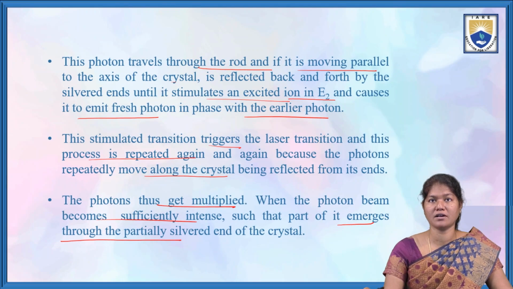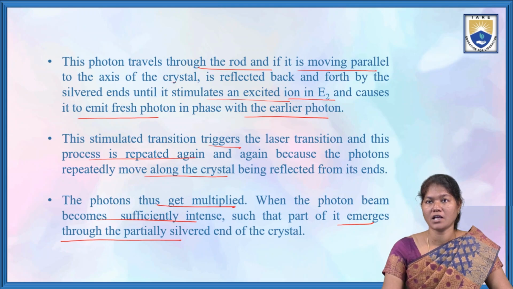When the photon travels through the rod, that photon gets reflected back and forth between the end faces. These are the two end faces of the ruby crystal rod.